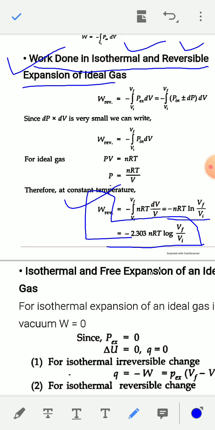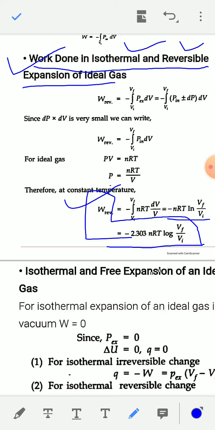Isothermal means temperature remains constant. So if temperature remains constant, then delta U also is constant. Internal energy change is constant, because if temperature remains constant, internal energy change is also constant.